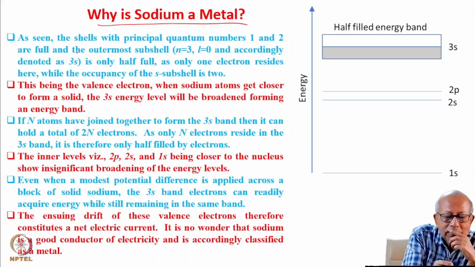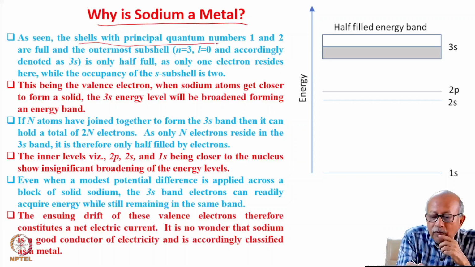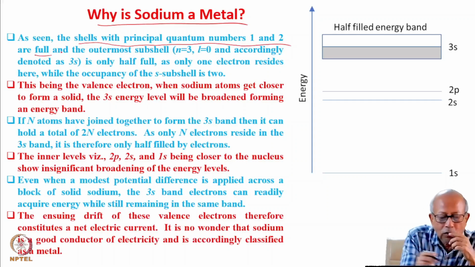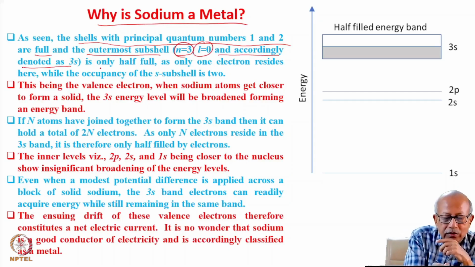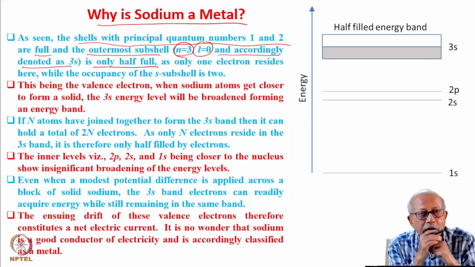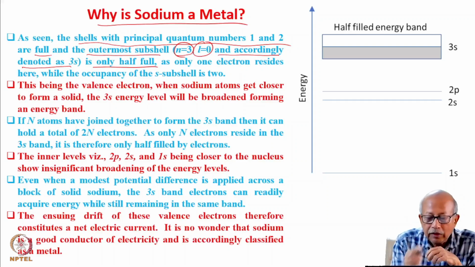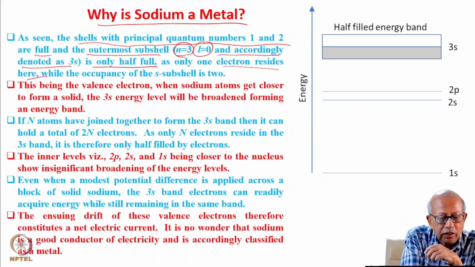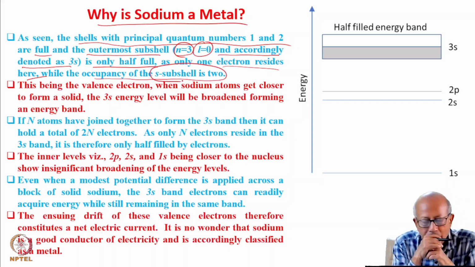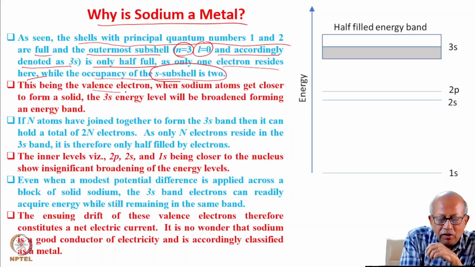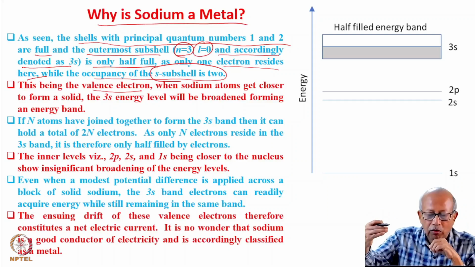So as seen, the shells with principal quantum number 1 and 2 are full for sodium, and the outermost subshell, that is n equal to 3, L equal to 0, accordingly denoted as 3s, is only half full because two electrons can go there. As only one electron resides there, while the occupancy of the s subshell is 2. Now this being the valence electron, this is the outermost electron.